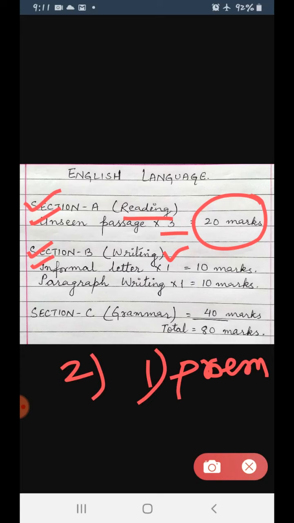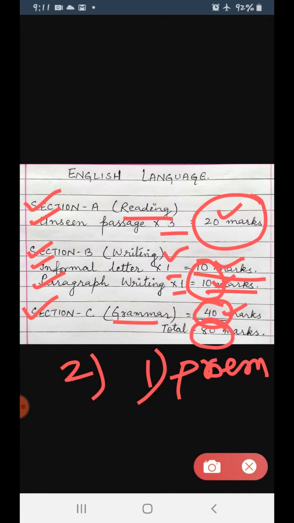You will get only one letter which carries 10 marks and one short paragraph writing, which also carries 10 marks. So in total it will become 20 marks. And then section C will be the grammar portion, where the total marks of grammar will be 40. So 40 and 20 is 60, and 20, it becomes a grand total of 80 marks.